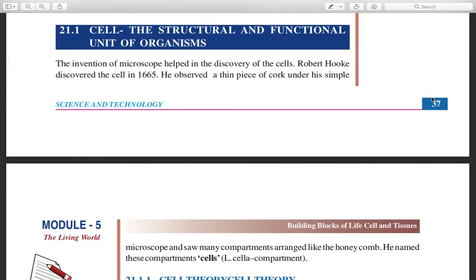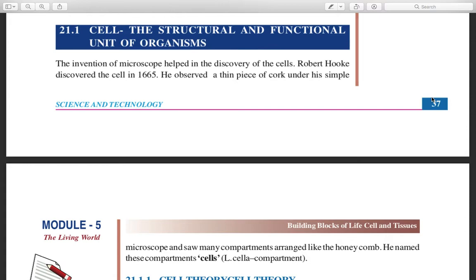The invention of the microscope helped in the discovery of the cells. We cannot see the cells with our naked eyes. So when the microscope was invented, it helped the scientists to discover the cells. Robert Hooke was the scientist who discovered the cell in 1665.